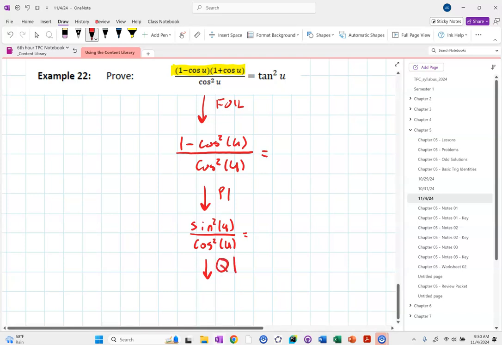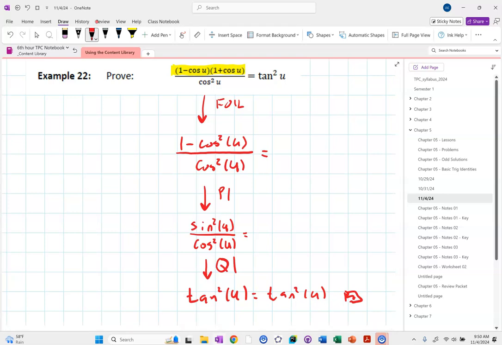That's Q1, yeah. Sine squared over cosine squared is just tangent squared. And I'm done. That wasn't so bad, even though that left-hand side looked kind of scary at the start.